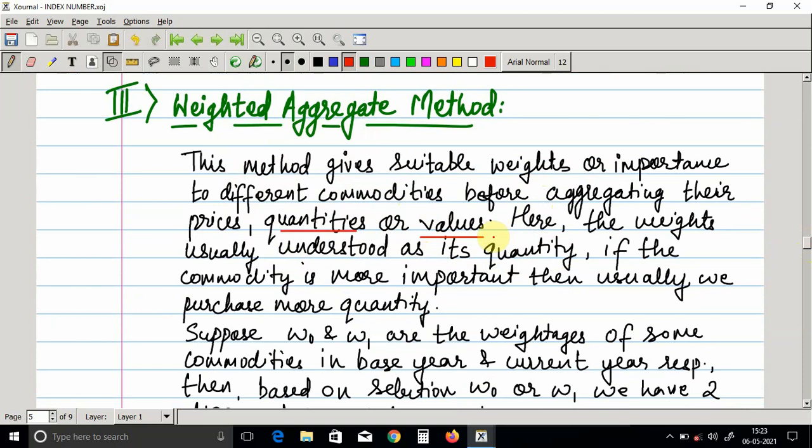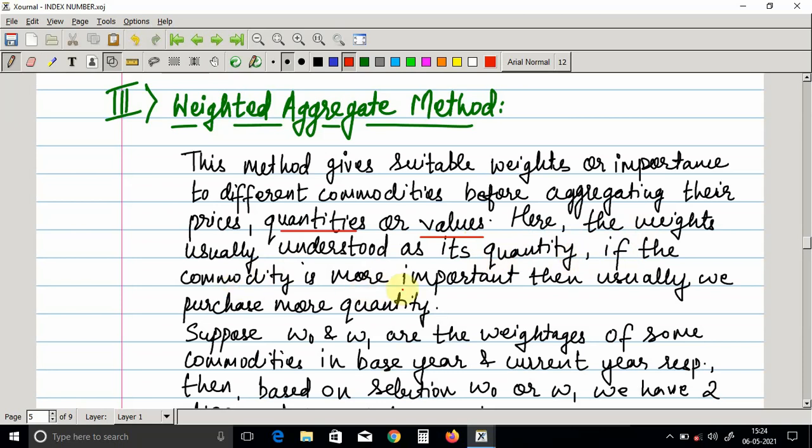Like I said, if some commodity is very important for you, you always purchase that commodity in large quantity. So that indicates that commodity has a greater weightage for you.